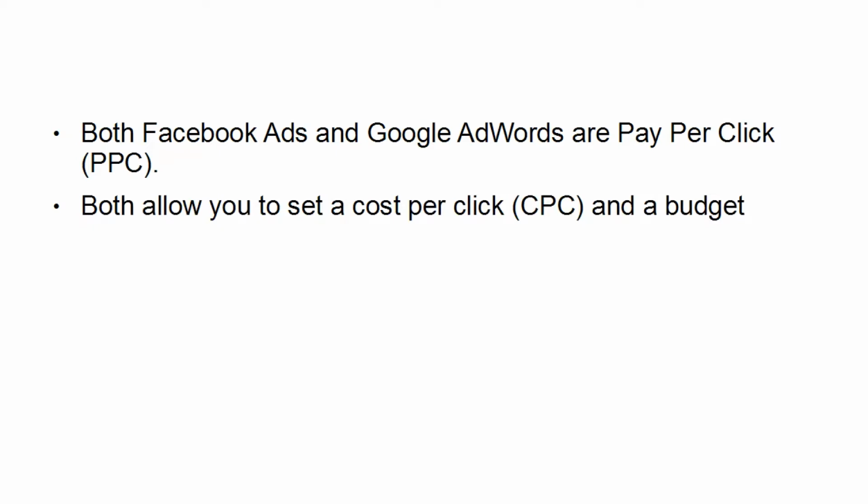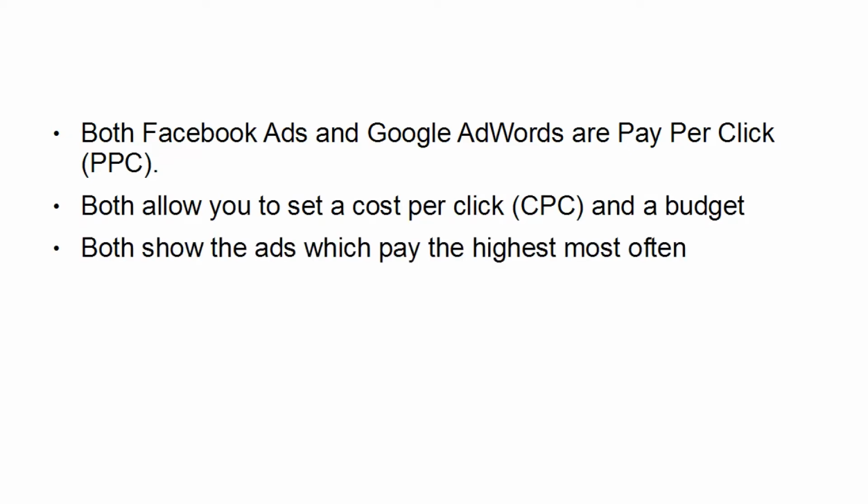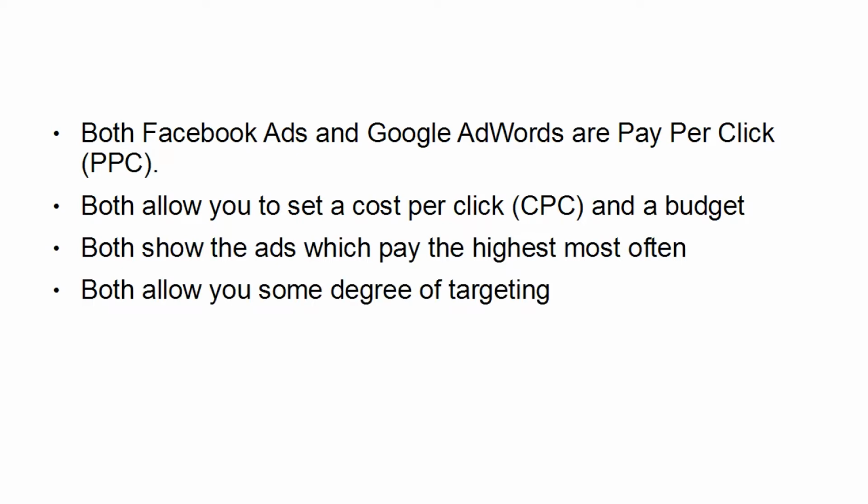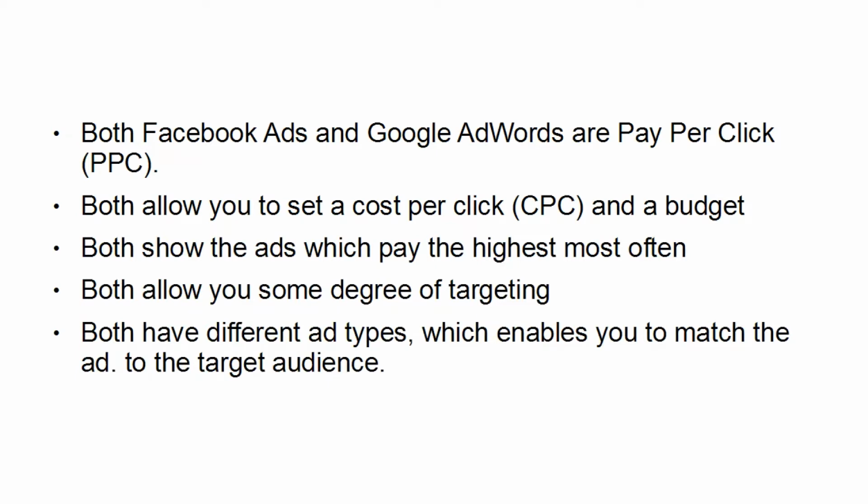And both allow you to set a cost per click, otherwise known as a CPC, and a budget. Both will show ads which pay the highest most often. Both allow you some degree of targeting, and both have different ad types which enables you to match the ad to the target audience. But that's about where the similarity ends.